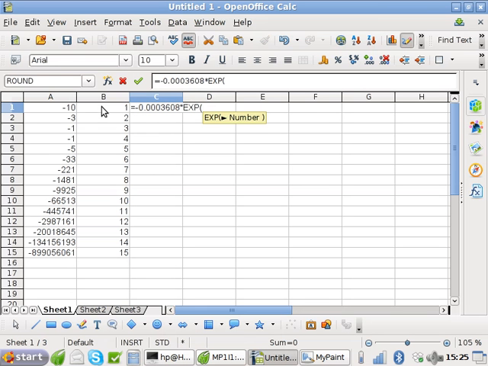My formula, did you write it down? 1.90234 times n. And here is n. Let me click n. Minus, and the next one is, what was it?